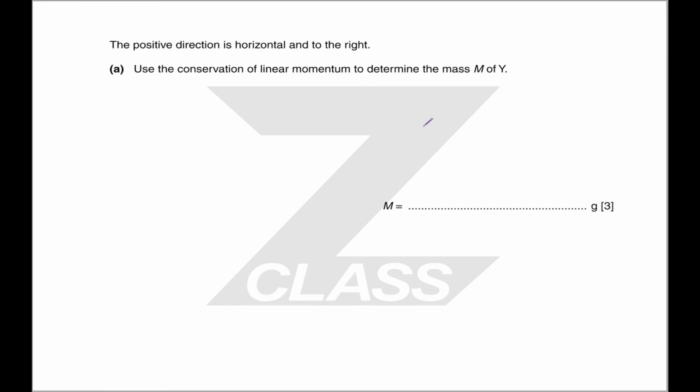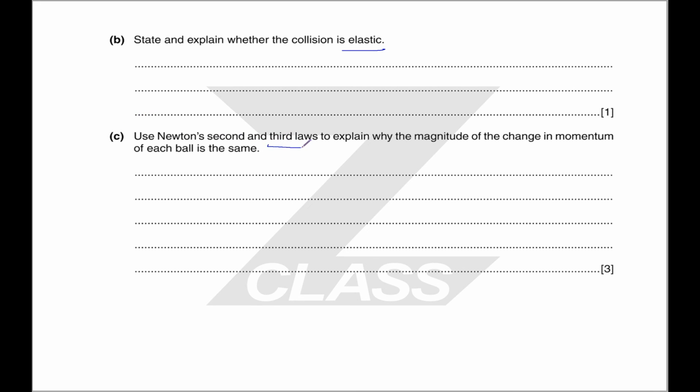And then Newton's second law, so that was the third law. Newton's second law is that force is the rate of change of momentum. So if you have the same force on each ball for the same amount of time, because they're in contact for a certain amount of time, then you're going to have the same change in momentum overall.